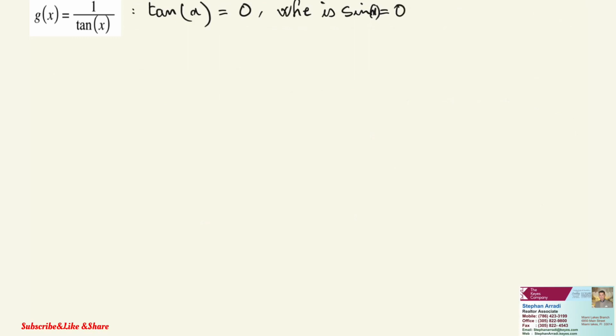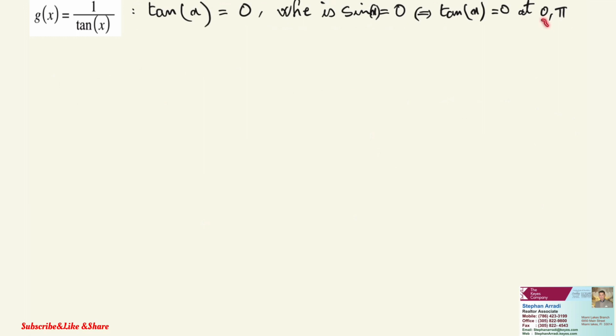Therefore, tangent x is equal to 0 at 0 and pi, and always when we have functions like that, it keeps going.